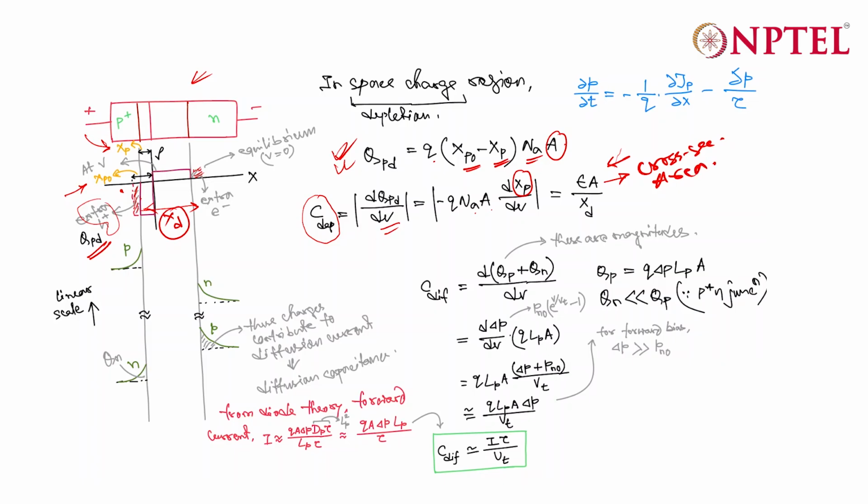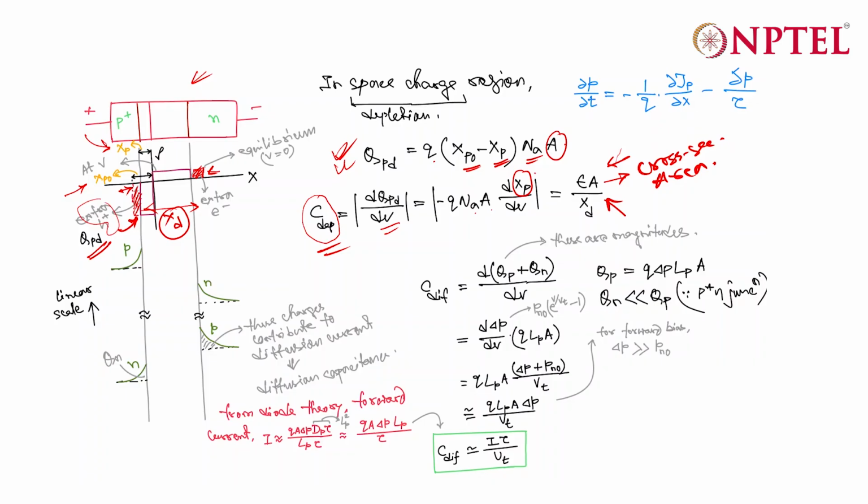Both these extra charges here can be considered as a parallel plate capacitor because they are charges separated by a distance xd. These charges can be considered as a sheet of charge because this length will be very, very small. So you can consider this as a parallel plate capacitor, and accordingly we get the expression for the C depletion, which is epsilon A by xd.